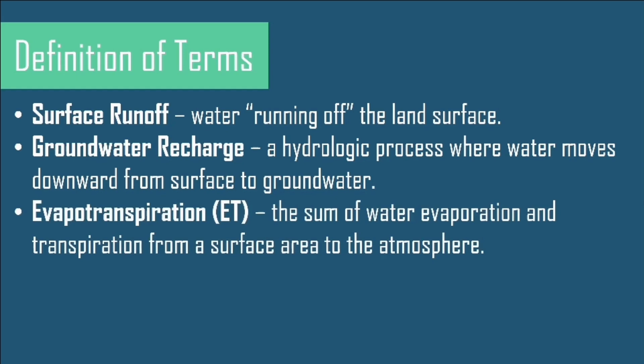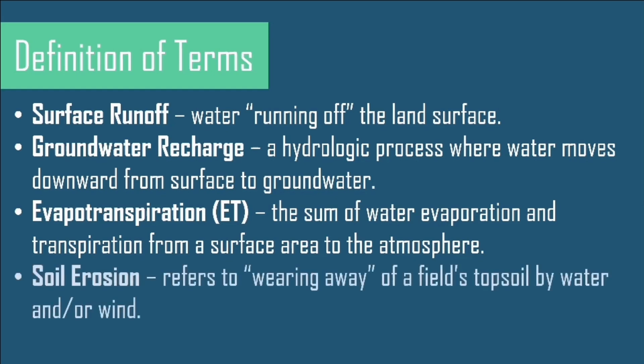Evapotranspiration or ET is an important part of the water cycle. It is the sum of water evaporation and transpiration from a surface area to the atmosphere. And soil erosion, as we all know, is a naturally occurring process that refers to wearing away of a field's topsoil by water and or wind.